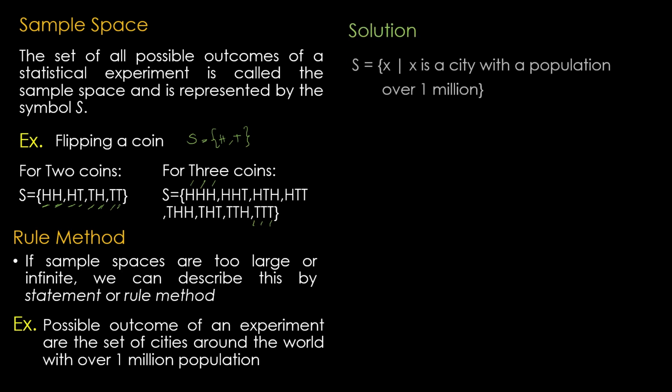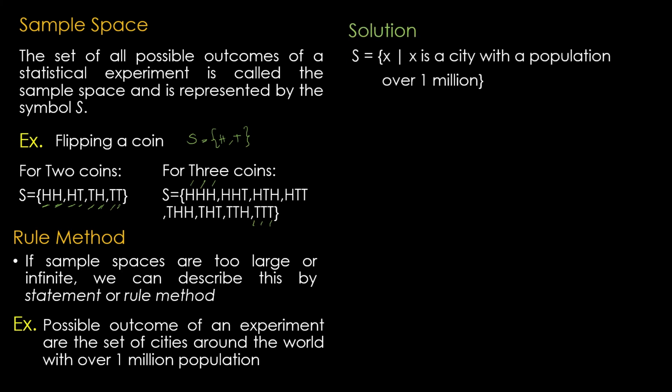This is how it goes. The sample space S is equal to the set of all x, such that x is a city with a population of over 1 million.